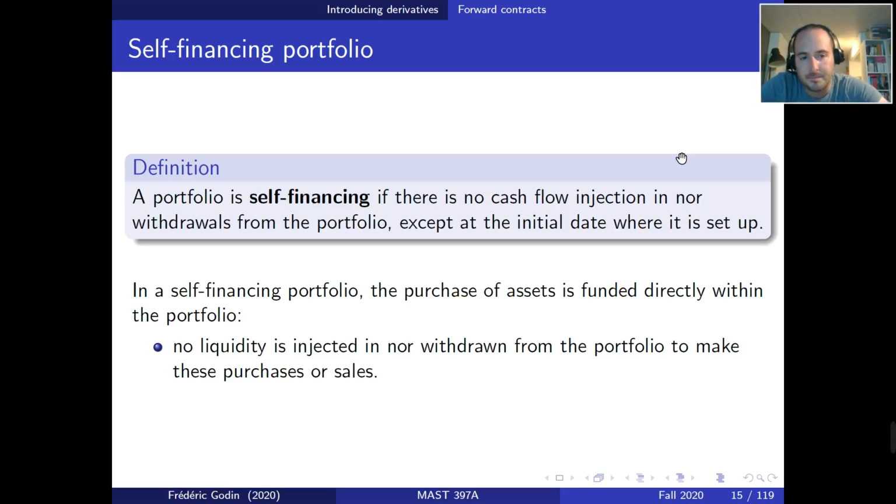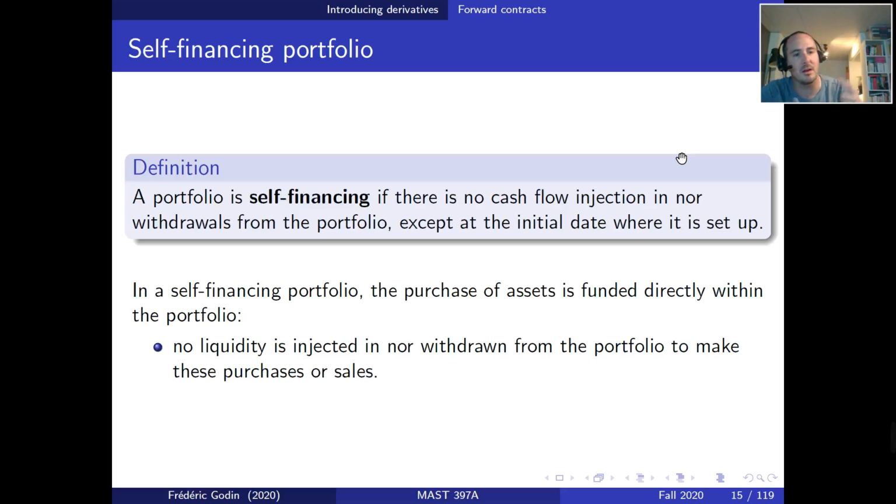In a self-financing portfolio, the purchase of assets is funded directly within the portfolio. So you never add money to the portfolio, you never withdraw money from the portfolio. So if you want to purchase new assets, let's say assets from class A in that portfolio, you'll first need to liquidate some other assets from, let's say, class B, then use the proceeds of the sale of class B assets to purchase assets of class A. So self-financing means that, except at the initiation of the portfolio, you don't inject nor withdraw cash from the portfolio.